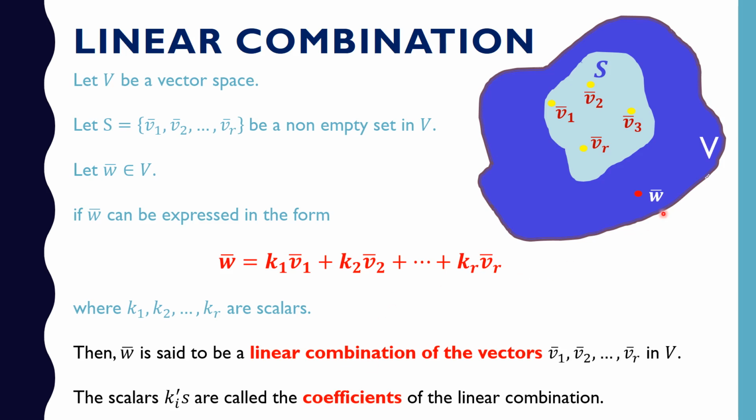So, if you are able to express any element of a vector space as a linear combination of a set of vectors in S, then the arrangement of the vectors will be in the form K1 V1 plus K2 V2 plus ... plus Kr Vr. We are checking whether appropriate weights can be applied to the set of vectors in S to produce the element in V.